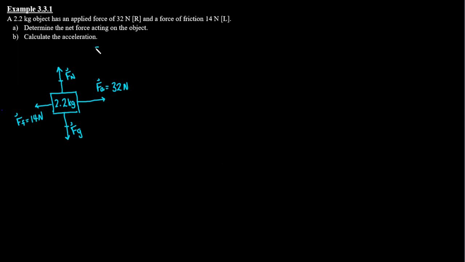Okay, I'm going to use our right direction as positive here when defining the directions for our forces. So when we go and solve for what F net is, we're looking at the forces that are involved. We know the force of normal and force of gravity are going to cancel out, so we don't have to worry about them. The net force is going to be in this horizontal direction. What two forces act in that direction? Well, we have the applied force that acts in the same direction as what we said is going to be positive.